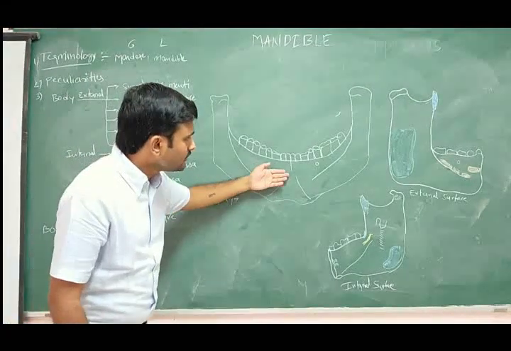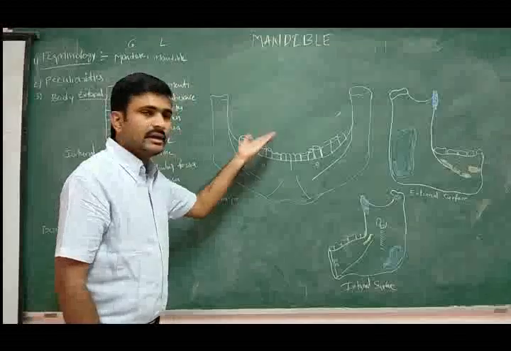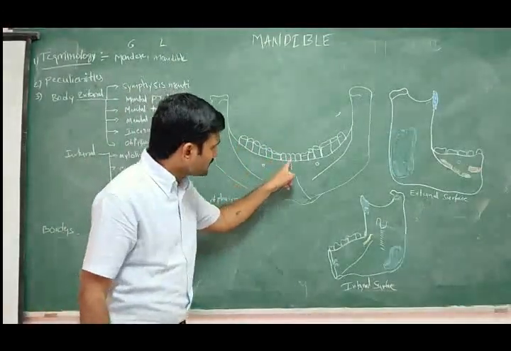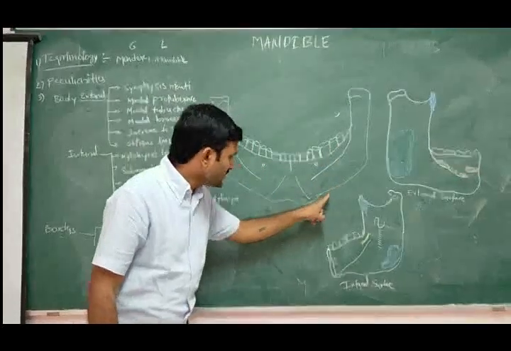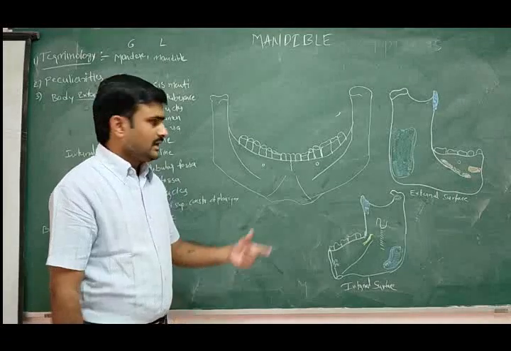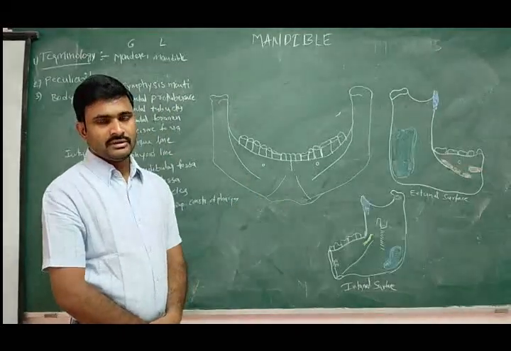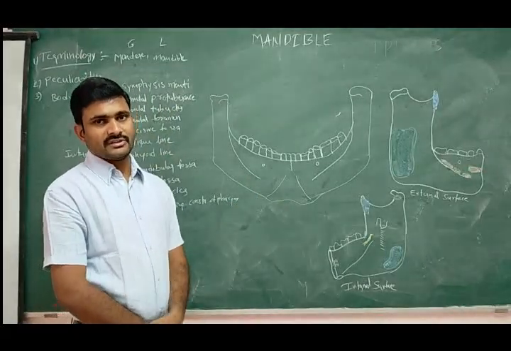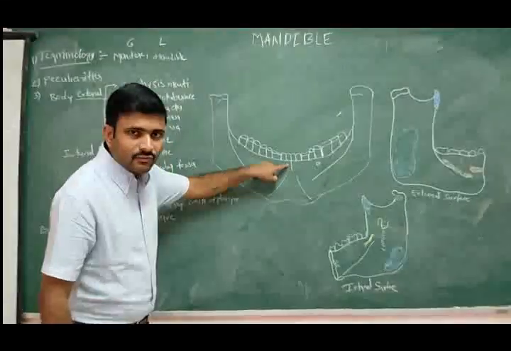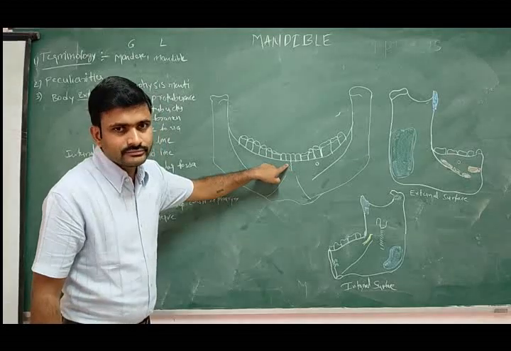We are seeing the diagram: this is the external surface and that side is the internal surface. And two borders: this border is called the upper border and this border is the lower border of the mandible. In the external surface, at the midline, a faint ridge is present.